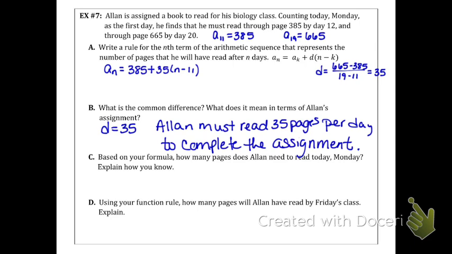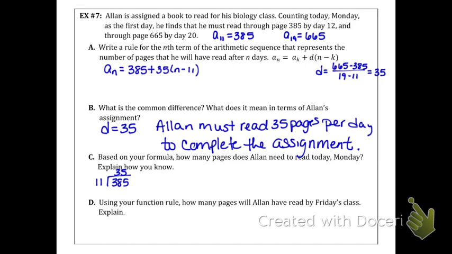All right, C says, based on your formula, how many pages does Alan need to read today on Monday, and explain how you know. Well, again, we said he has to read 35 pages a day, but if he needs 385 by day 11, so if we take that 385 and divide it by the 11 days that he's going to have to read, that's still going to give us 35, okay?